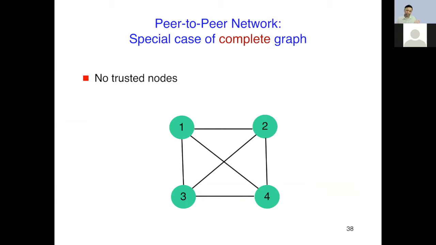Agent 1 can talk to 2, 3, and 4. If the network looked like that, this would be incomplete because there is no direct edge from 1 to 5. If 1 wants to send some message to 5, it has to go through agent 2. But in this simple example, the network is complete. But there are no trusted nodes. Anybody can be faulty. Suppose t equals 1, then one of the agents can be faulty.